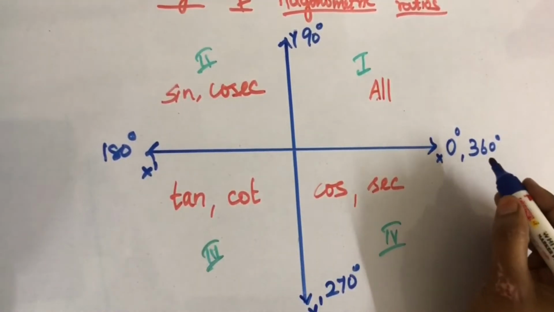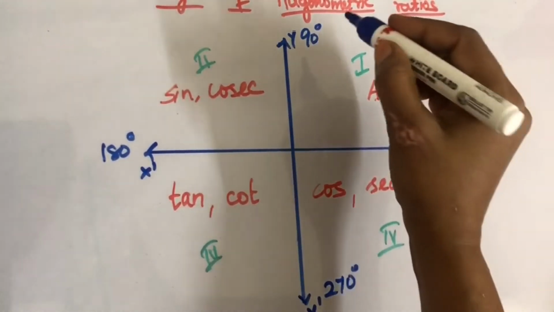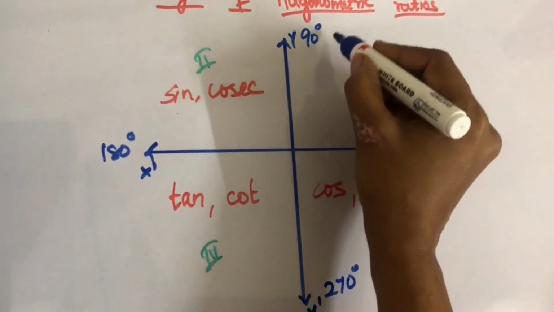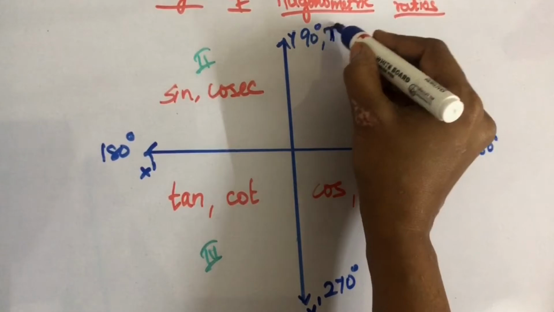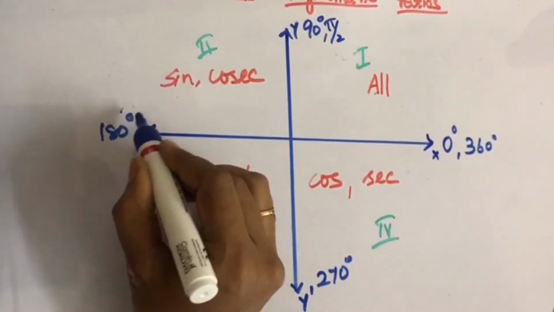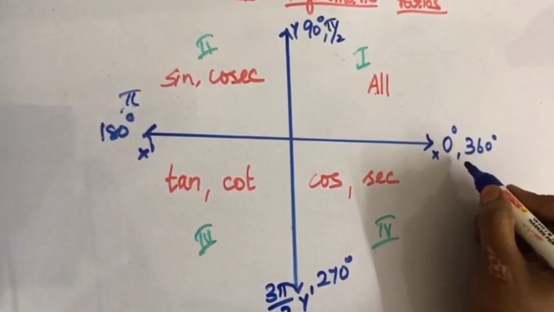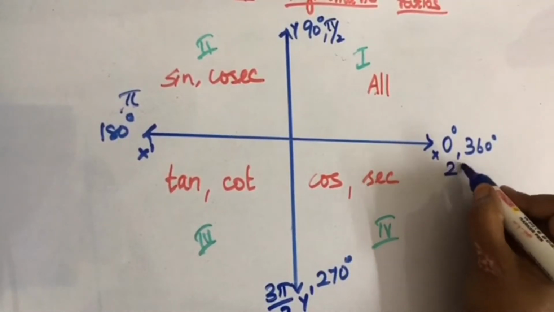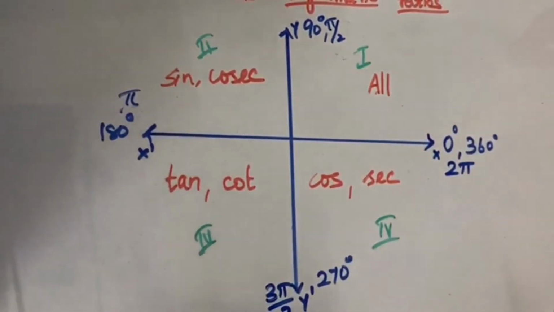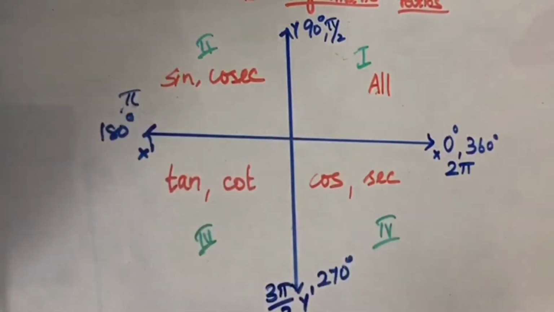When we write the angles in radian measures, 90 degree can be written as pi by 2, 180 degree as pi, 270 degree as 3 pi by 2, and 360 degree as 2 pi. So we can write the angles in radian measures also.